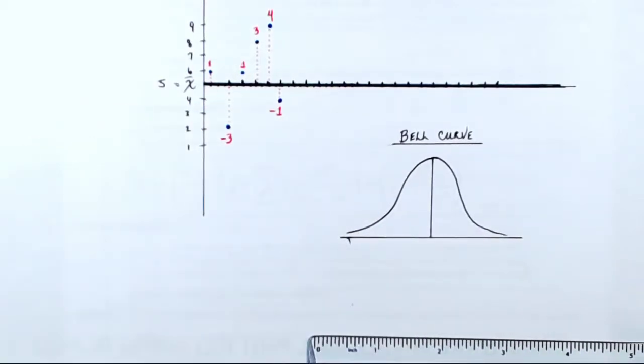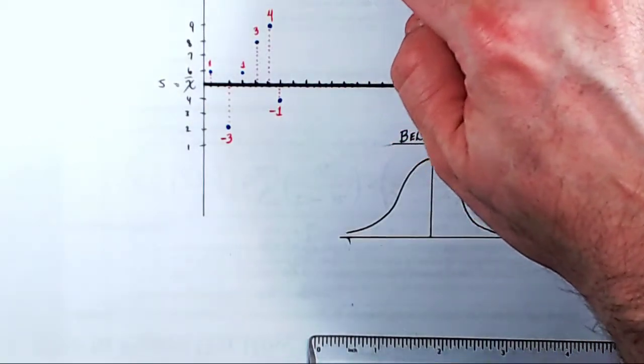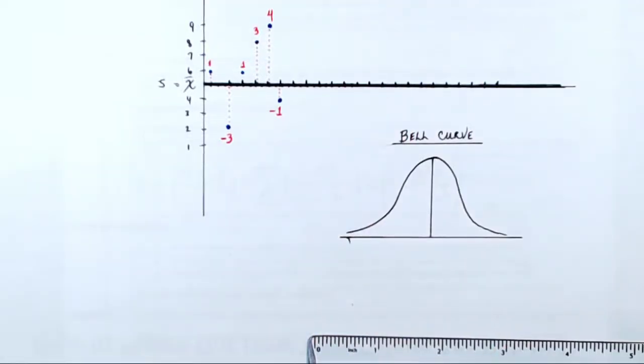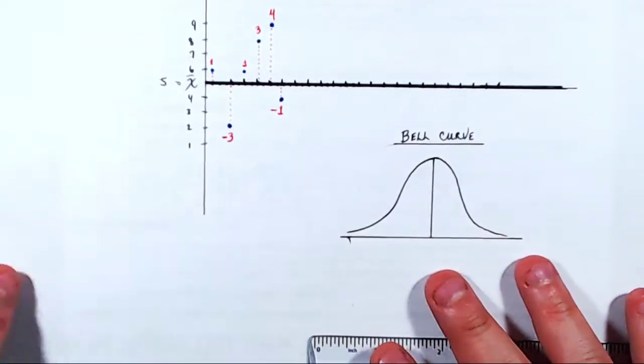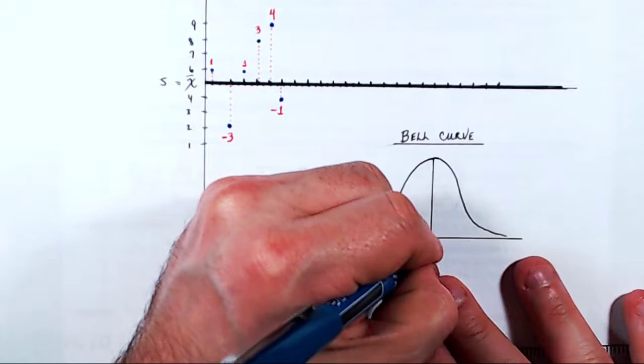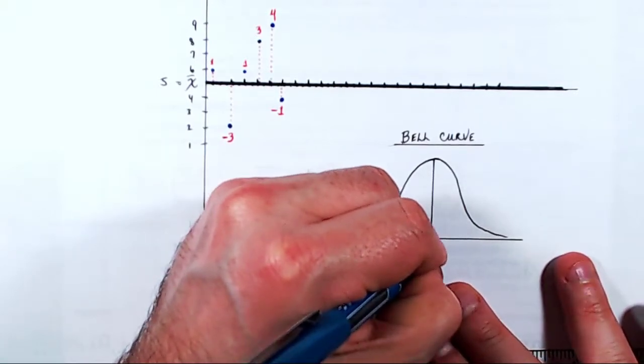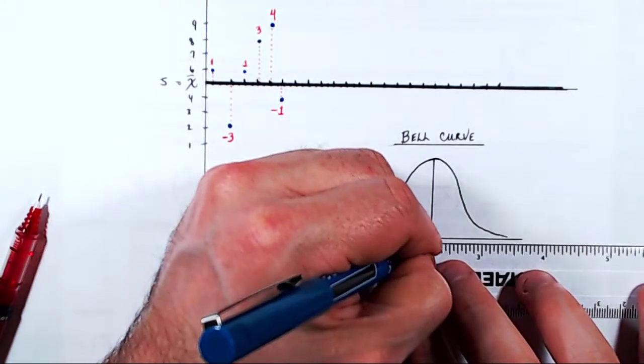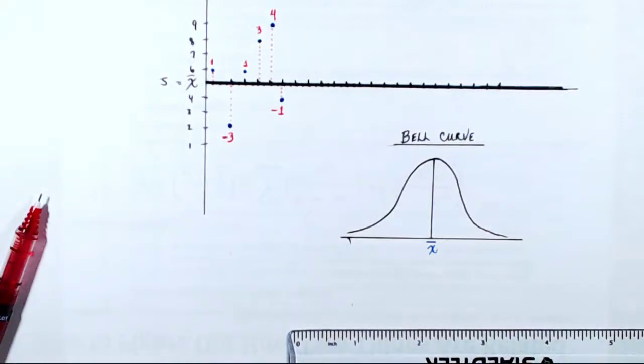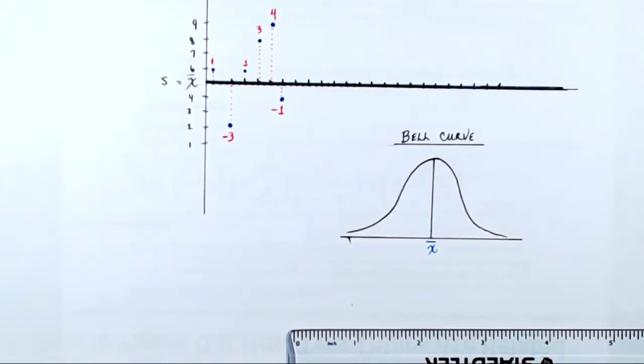Now, in the bell curve, this center value right here is the mean, x bar. So when I calculate standard deviation, I'm calculating standard deviation from the mean.